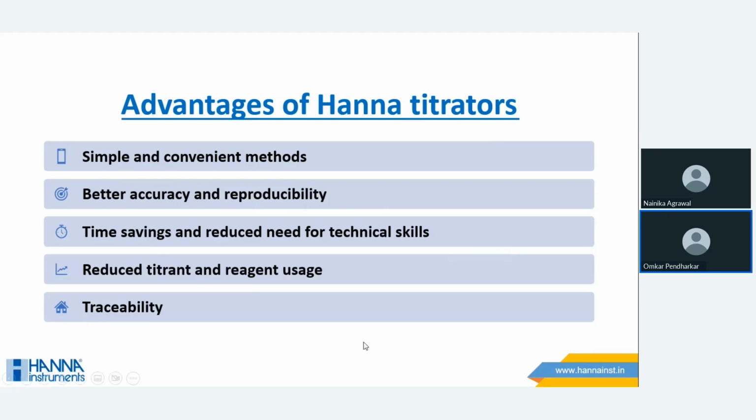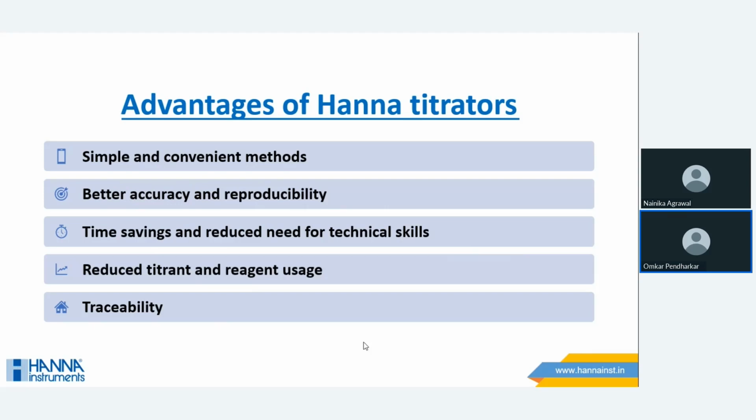Reduced titrant and reagent usage. So we have seen that during the analysis of any sample or any parameter by manual titration, so many reagents are used, and due to the manual procedures, most of the reagents can get wasted due to mishandling. And also there is a safety concern for the reagents used for the analysis.